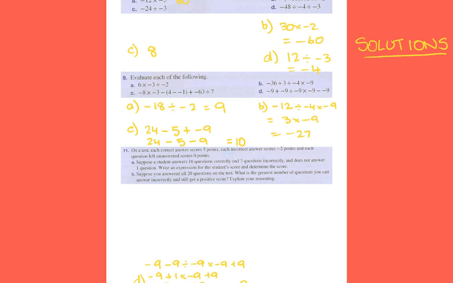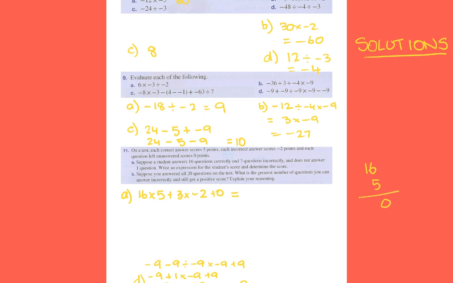Okay, question 11. So you've read question 11. Let's just go through the answers. So we're doing 16 times 5 for the correct answer, plus 3 times -2 for the incorrect answers. And add those together, we're going to get 74.